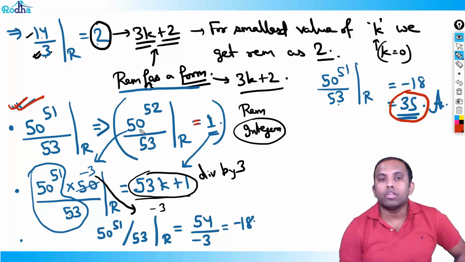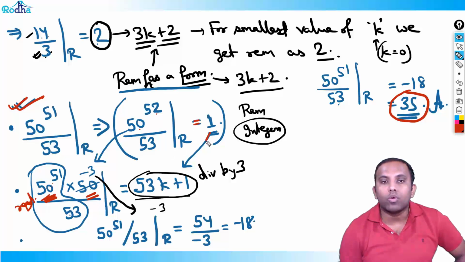So I split 50 raised to 52 as 50 raised to 51 into 50, because 50 raised to 51 by 53 is what is required. Now 50 by 53, what is the remainder? Minus 3. And this one you need to write now in the form. Remainder has a form, like here the remainder was 2. So what is the form of the remainder? 3k plus 2.